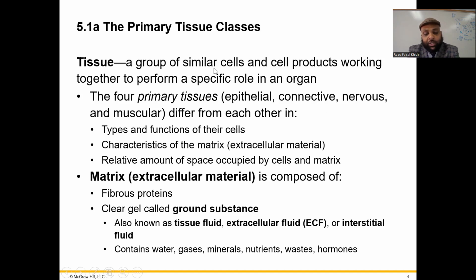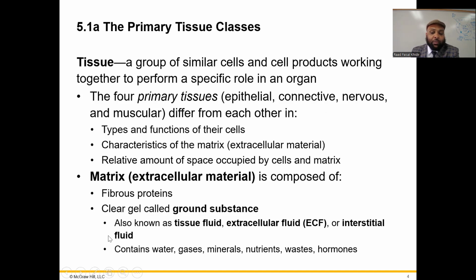The matrix extracellular material is composed of the fibrous proteins, this clear gel known as the ground substance that is found in the matrix of the extracellular material, also known as the tissue fluid or the extracellular fluid or interstitial fluid.